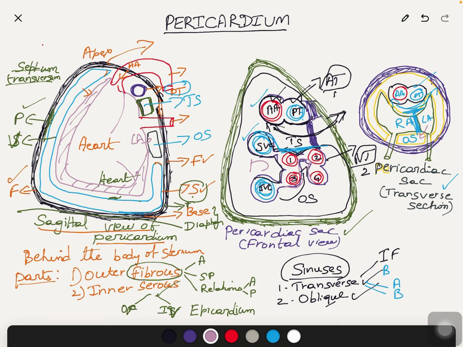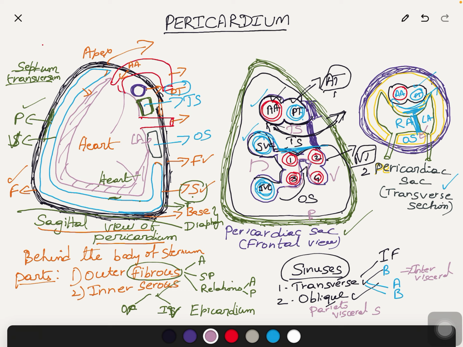It is present between the parietal layer and the visceral layer, whereas the transverse sinus is present only between visceral layers. The oblique sinus is a parieto-visceral space. The transverse sinus is the intervisceral space. That is the major difference between these two sinuses.